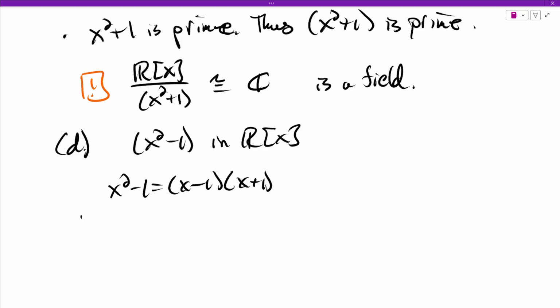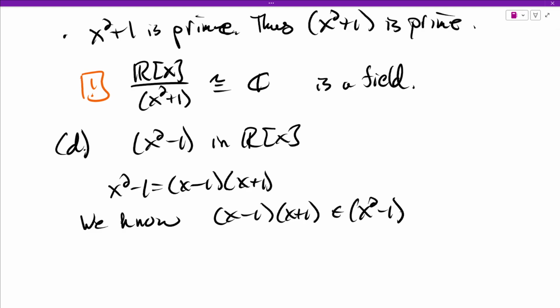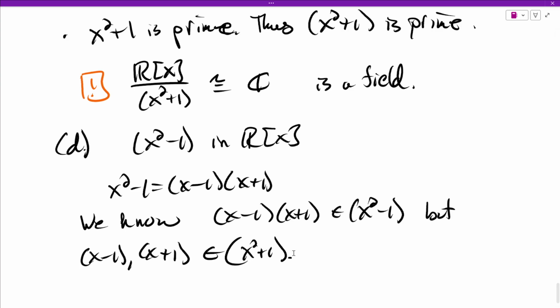In particular, we know that the product x minus 1 times x plus 1 is in the ideal generated by x squared minus 1. But neither x minus 1 nor x plus 1 are in the ideal generated by x squared minus 1.